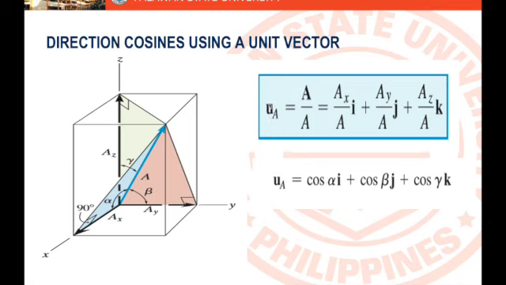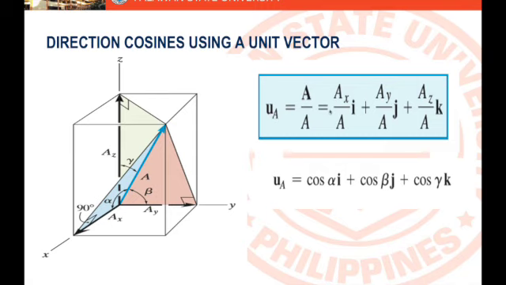So our direction, they call this unit vector u sub a in the direction of a, multiplied by the magnitude of a will give us the vector, the boldface one, A. So we can solve for our unit vector by dividing our vector A by the magnitude A. Our unit vector has a magnitude of 1, so it makes sense: A over a, where the numerator is a vector and the denominator is a magnitude, gives us 1 times u sub a.